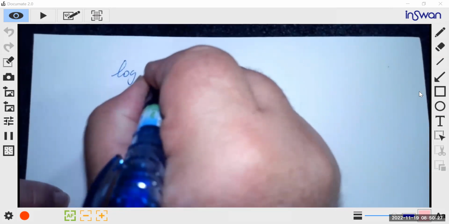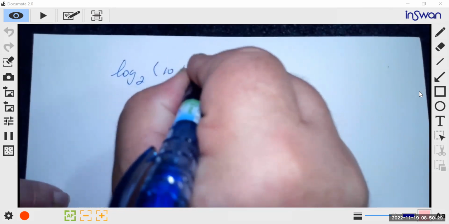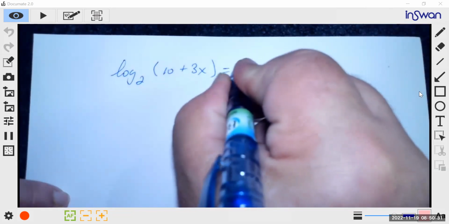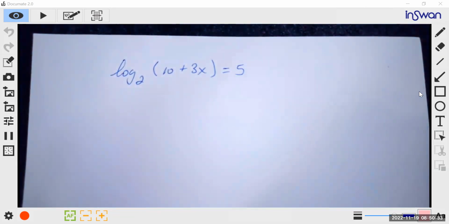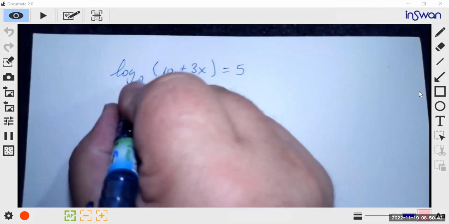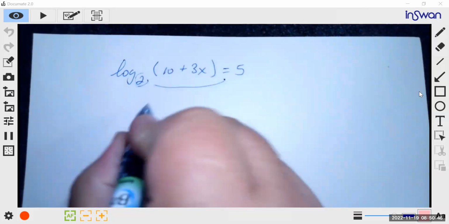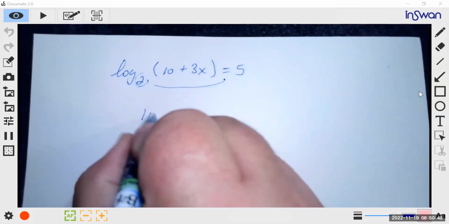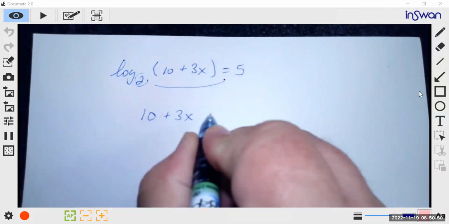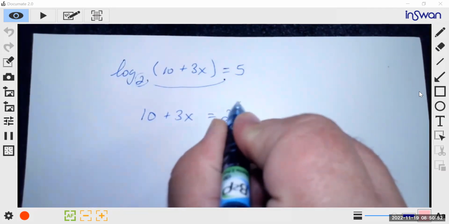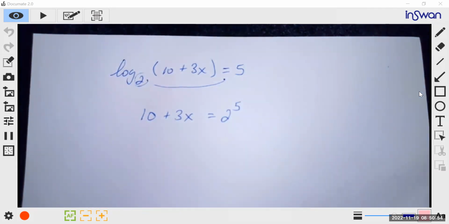Log base 2 of 10 plus 3x equals 5. All right, so the base is 2. It pushes up the answer. So we have 10 plus 3x equals 2 to the 5th. Remember, this is a base.